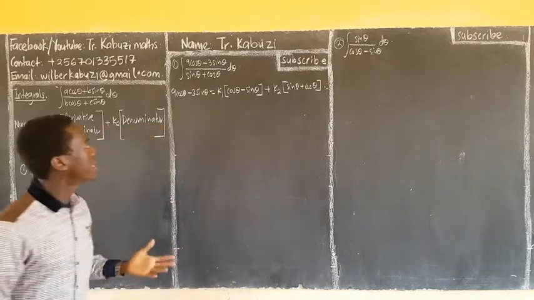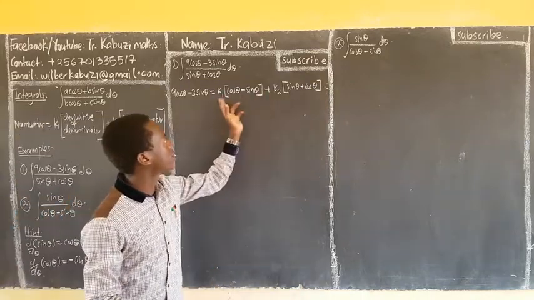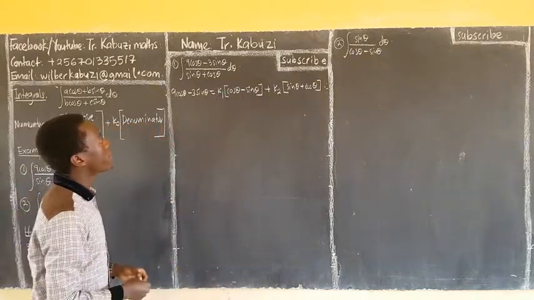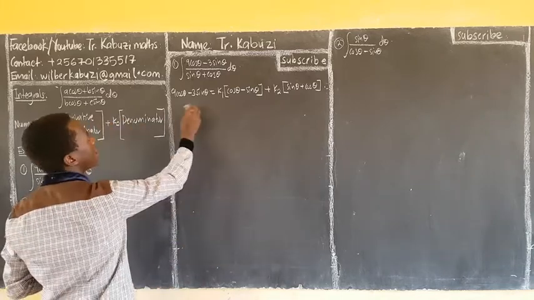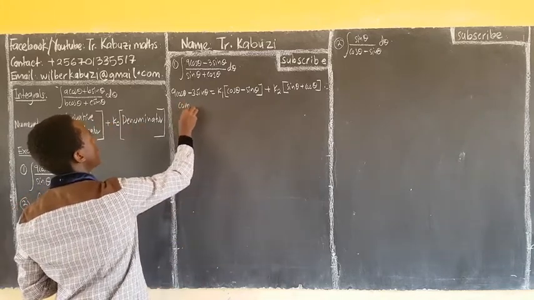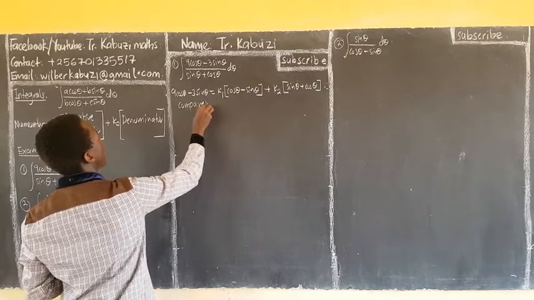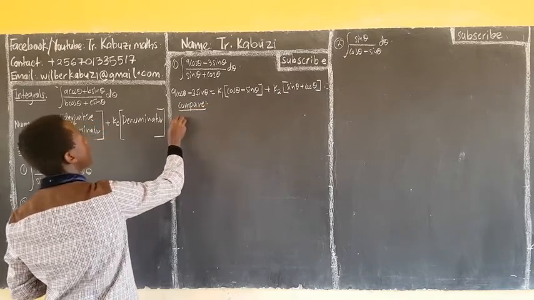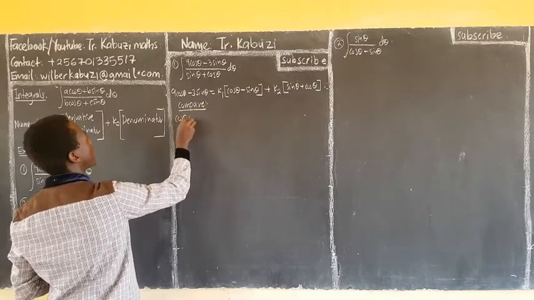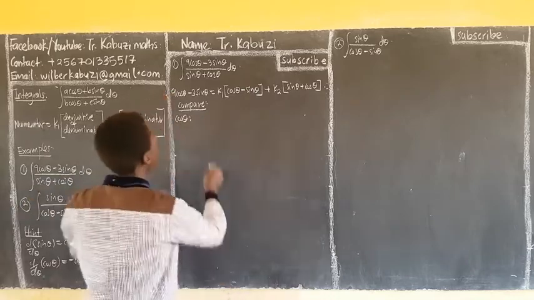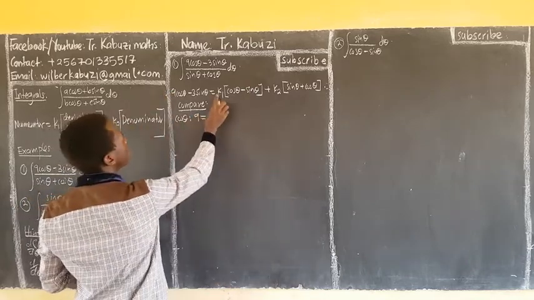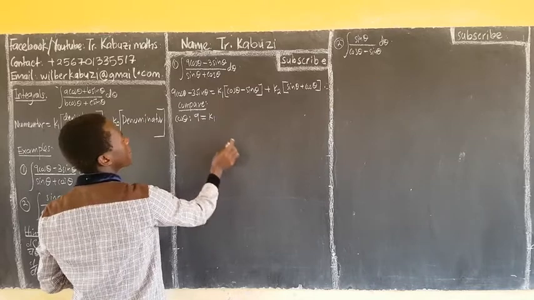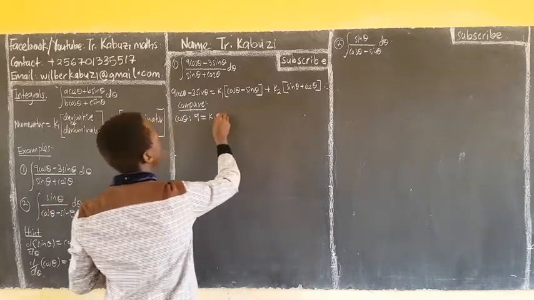As simple as that. Now we need to get these constants. What are they? We compare coefficients. Comparing for cos theta first, this side I have 9 equaling K1 plus K2.